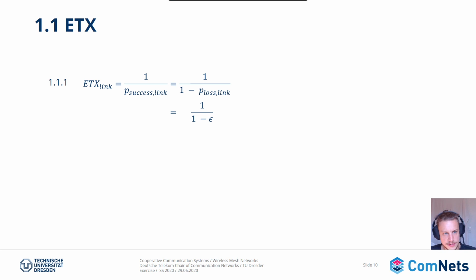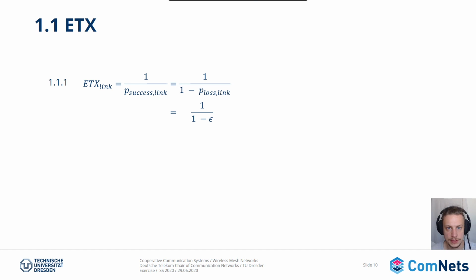So again, as I said, ETX is 1 divided by the success probability of the link. Here we have the error probability, so it's easy to see that the ETX of this link is 1 divided by 1 minus epsilon.